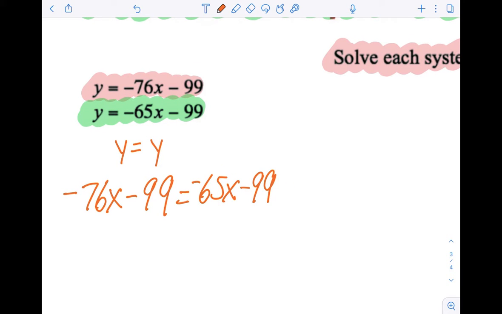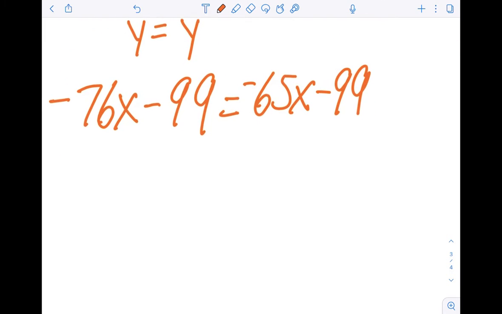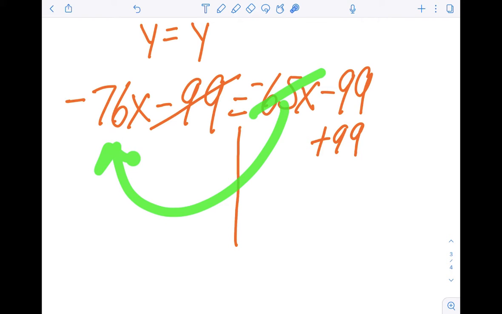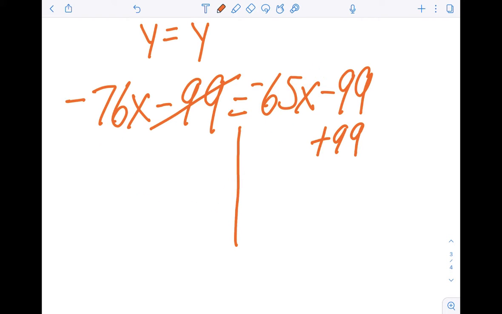Now here, kiddos, I could do my regular algebra, right? So I'm going to move this minus 99 over. I'm going to do the opposite, which is adding 99. So that means I'm going to cross out this 65x, and I'm going to bring it over and make it negative 65x.